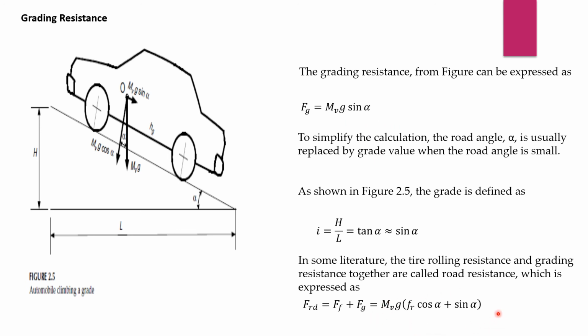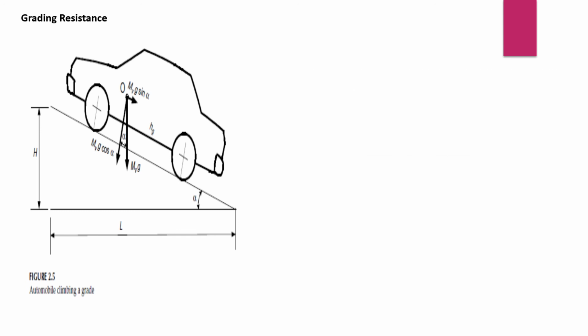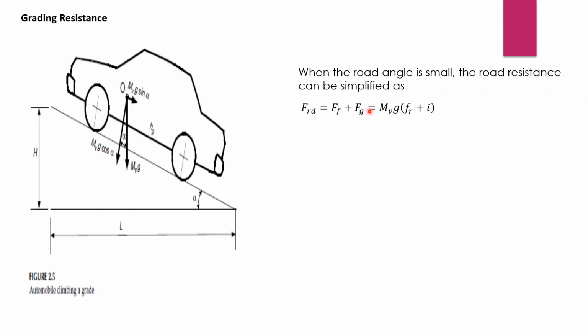Simplifying this expression, we get m v g times (Fr cos alpha plus sin alpha). When the road angle is small, the road resistance can be simplified as FRD equals Ff plus Fg, that is equal to m v g times (Fr plus i).